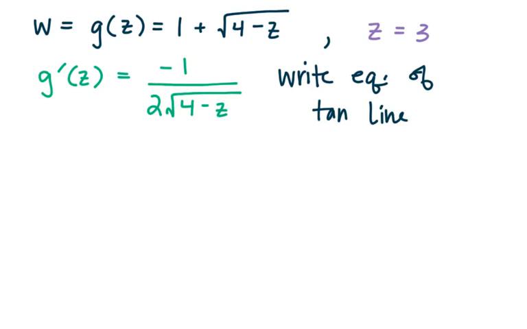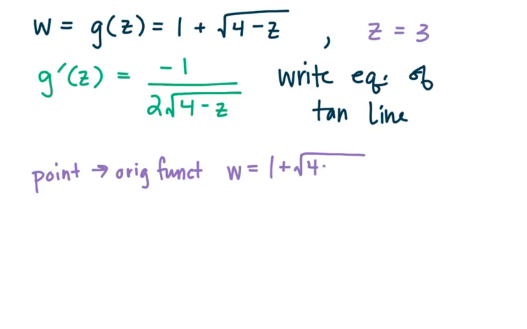In order for us to do that, to write the equation of a line, we need a point and a slope. So in order to find the point, we're going to make sure that we use our original function. So w equals 1 plus the square root of 4 minus z.